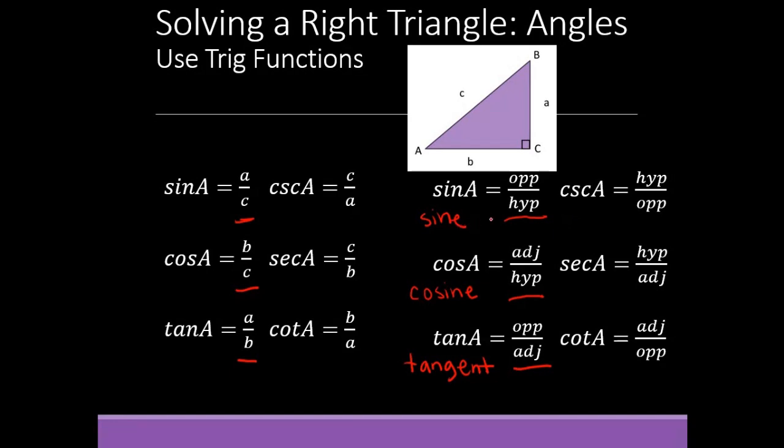So if we have sine, the inverse of sine, look at how these are the opposite. This one has the hypotenuse over opposite, which is upside down from sine, which had opposite over hypotenuse. This one is called cosecant.